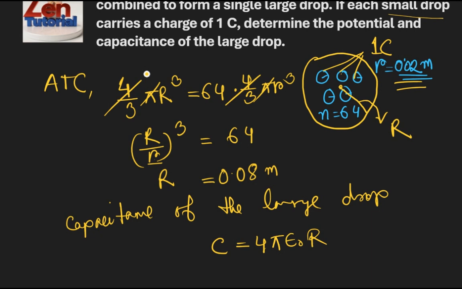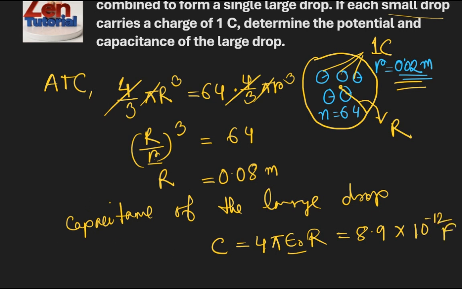That's the formula for the capacitance of a sphere of any radius, 4 pi epsilon naught R, because the medium is epsilon naught. It could be air, it could be vacuum, anything, doesn't matter. So now plug in the values. We have got 8.9 into 10 to the power minus 12 farad.